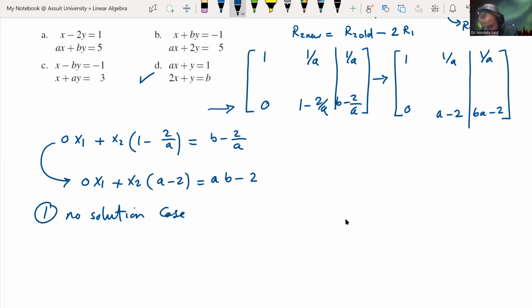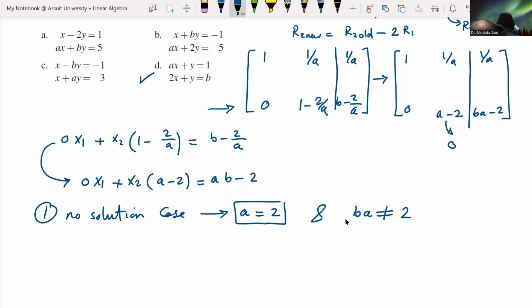Inconsistency means something like 0 equal to 2, which of course cannot be. To create that case, a should be equal to 2, and in that case this element here will be 0. But at the same time, ba shouldn't be equal to 2. So ba is not equal to 2.